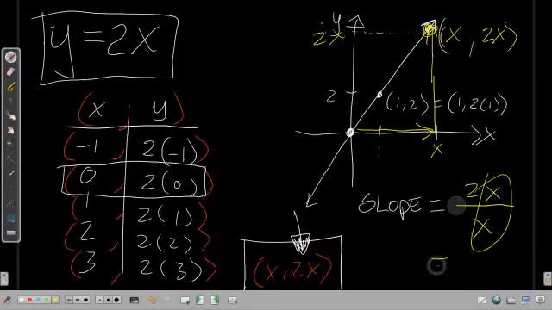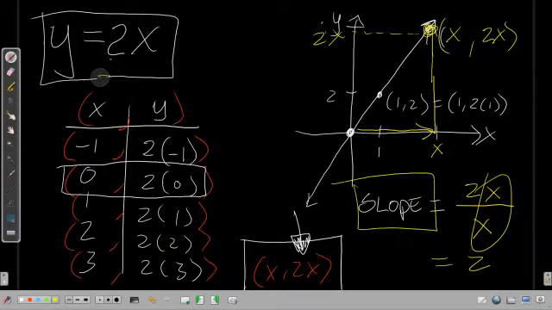And then the x's cancel, and I get a slope of 2. This number is called a coefficient that's being multiplied by this x. That coefficient is the slope when it's a linear equation. And it usually gets the symbol m.